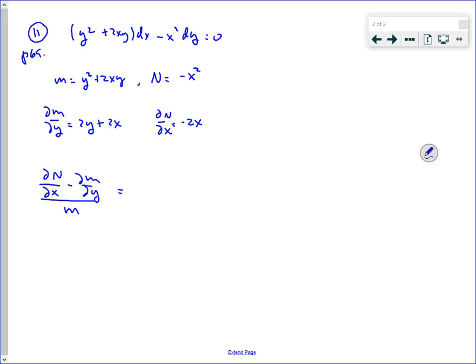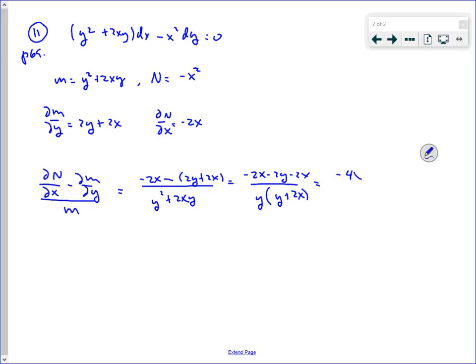So N with respect to x is minus 2x, minus 2y plus 2x, and M is y squared plus 2xy. This is minus 2x minus 2y minus 2x over that same thing. If you go ahead and start factoring the denominator, that's y times (y plus 2x).